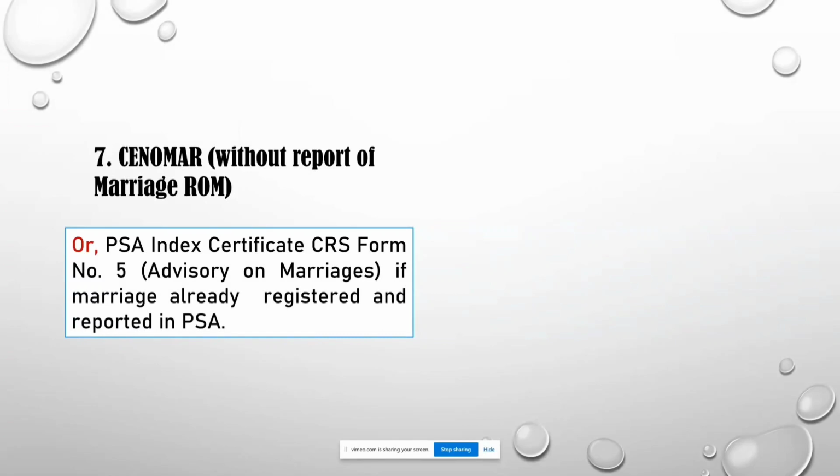In other case, if your marriage is already registered and reported in PSA, you don't need to pass your Senomar, but instead, your PSA Index Certificate, CRS Form number 5, Advisory on Marriage, or your Report of Marriage document. Take note guys, Senomar should not be older than 3 months.